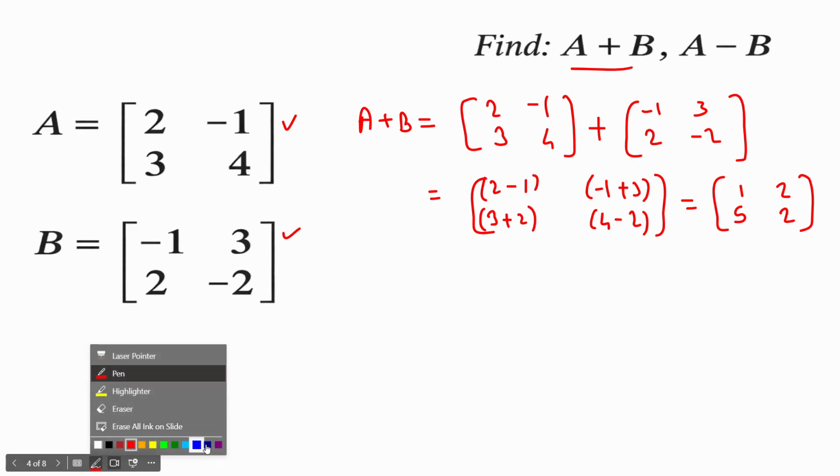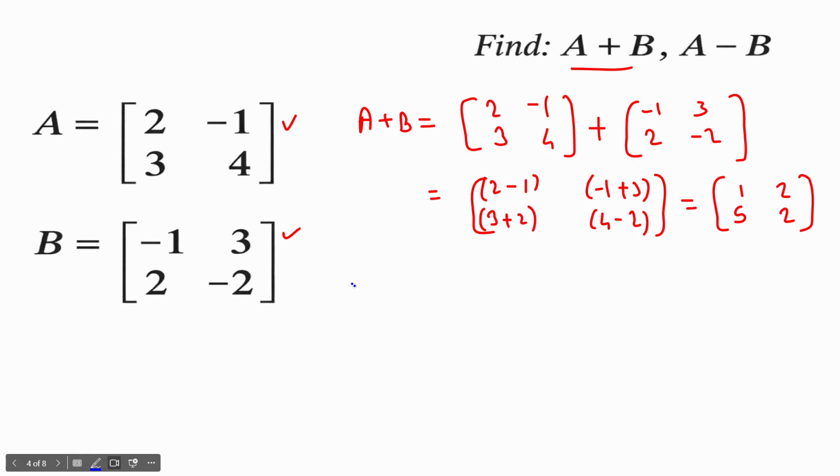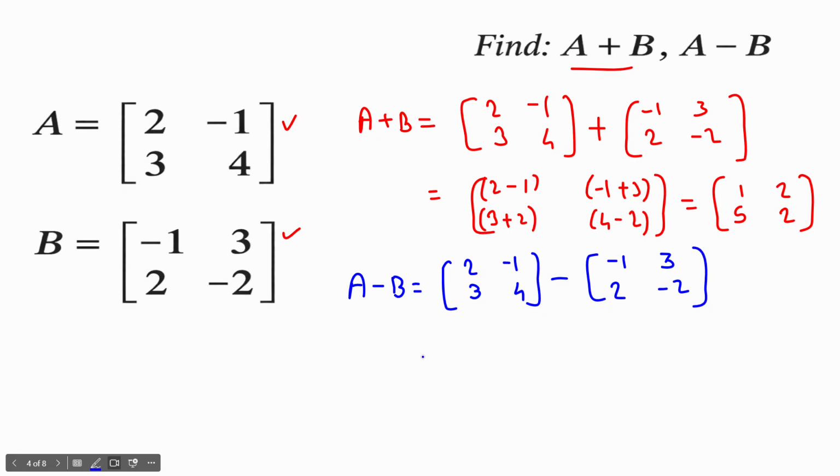Okay, now I have to find A minus B matrix. Again same, initially I am writing A matrix, that is 2 minus 1 3 and 4, minus, write down B matrix here, it is minus 1 3 2 and minus 2. Okay, subtract the first element from the first element, that is 2 minus 1.